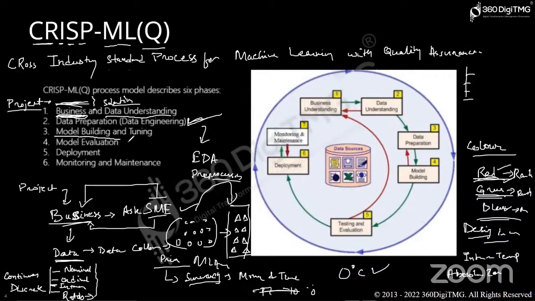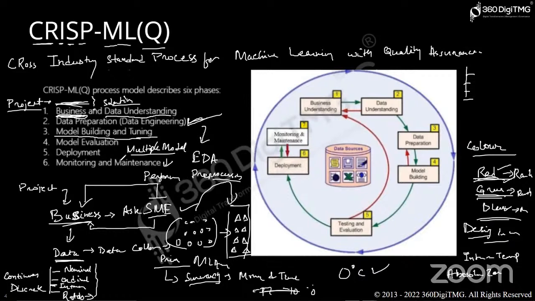Similarly, we have model building and model tuning. Once data has been prepared, the next step is we'll build a model. Now this model building can be done on multiple models, not just one. On multiple models we will build and try to find the performances of all the models.